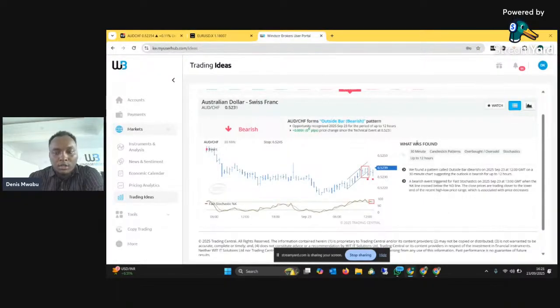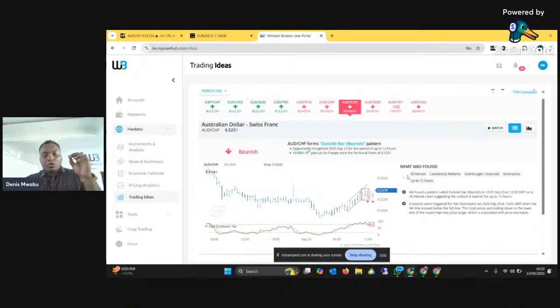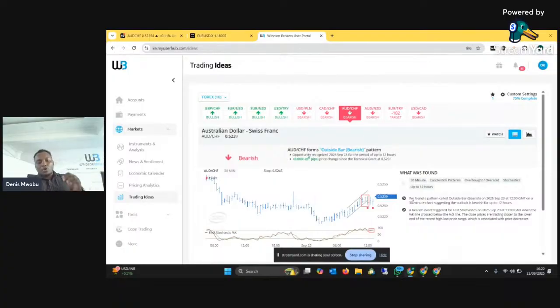On the 30 minutes time frame, we have an outside bar bearish. We are at an overbought, oversold zone. I like it when price is at an overbought, oversold zone, which means that the momentum is ending and it's a good area of catching the sell.